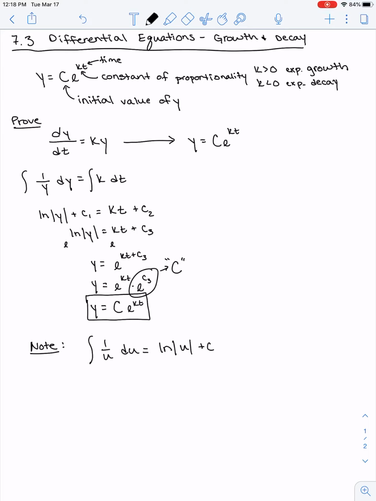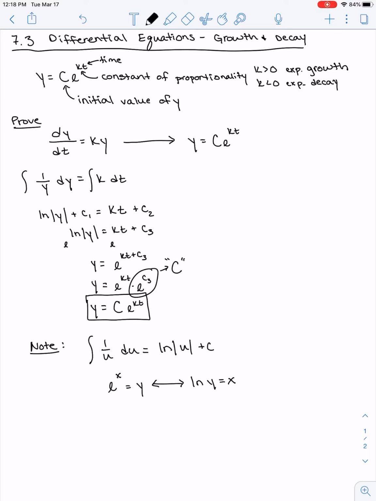And then another thing that we used in this problem was our definition of exponent, or e to the x is equal to y, which if you rewrite that from exponential form to logarithmic form is equal to the natural log of y equals x. That's just converting between the two forms.